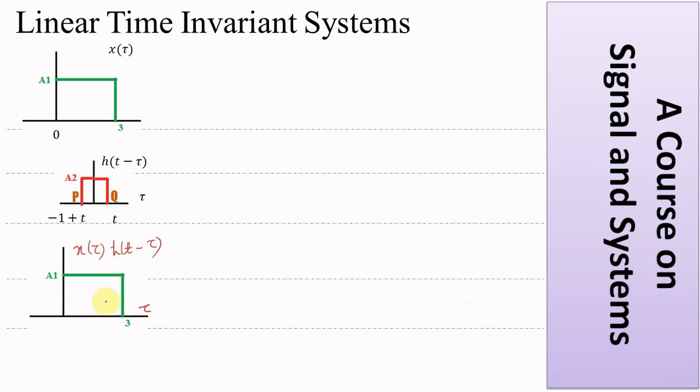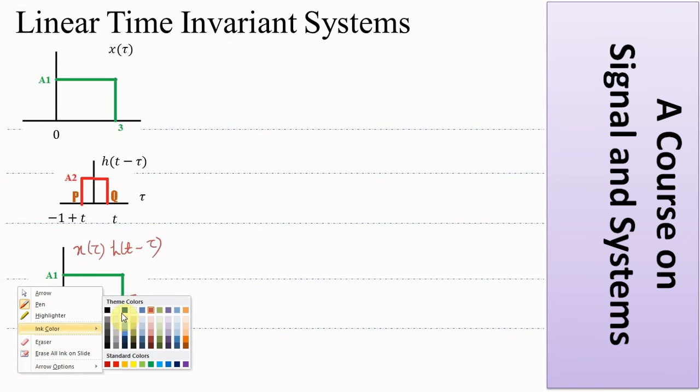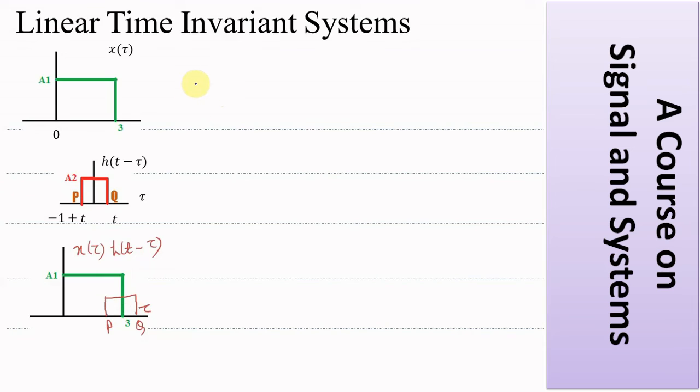So I am taking up a case in which it is something like this. My q is ahead of 3, p is still behind. So what does this imply? This implies q is larger than 3, which means q is represented by t, so t is larger than or equal to 3, and p is behind this 3, which means that t minus 1 is less than 3, which implies that t is less than 4.